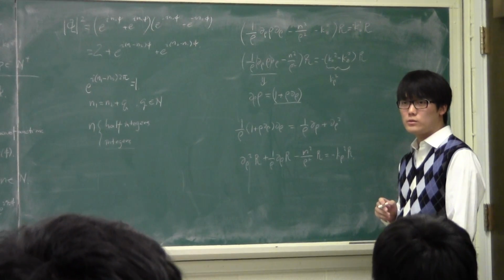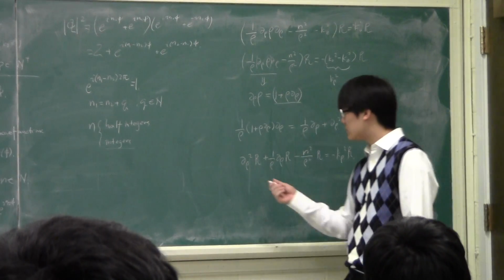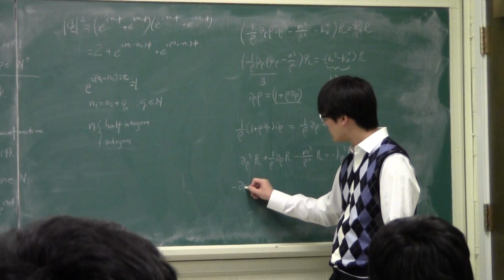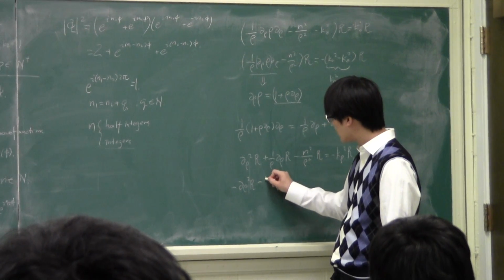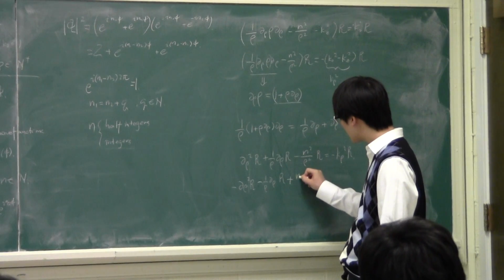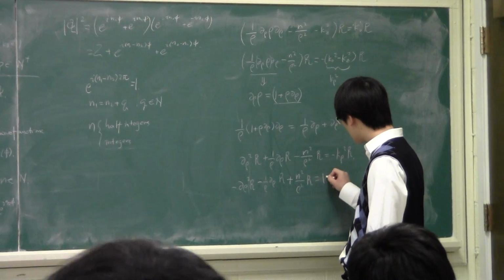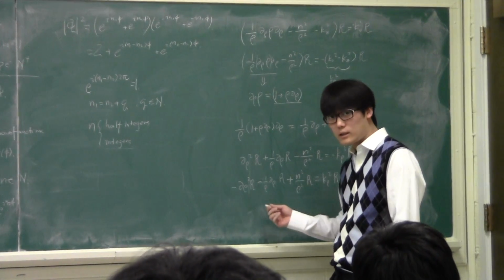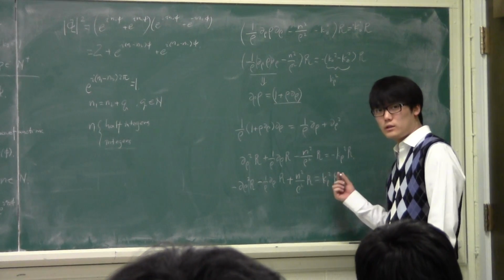Now let me turn this into the usual sign convention for the Schrodinger equation, and that is to negate the second spatial derivative. So in that case, this is in the form of some kinetic energy plus a potential energy is equal to the total energy.